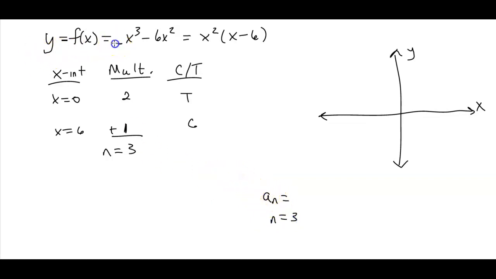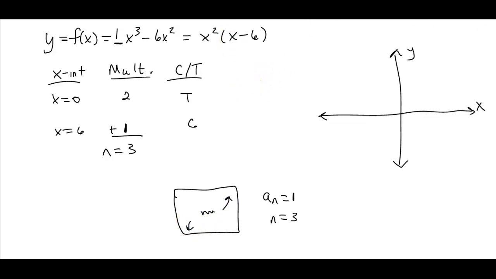And of course, here there is an understood 1. And so what that tells us is that for very large values of x, this function is going to act like x cubed in its end behavior. And so that essentially means here that its end behavior for very large values of positive and negative x is just going to be like this.